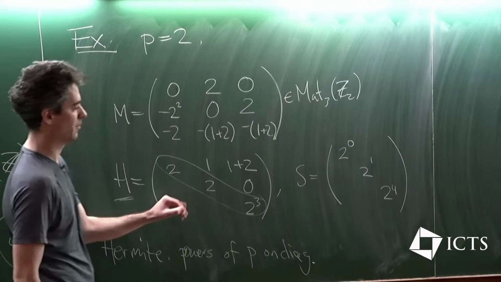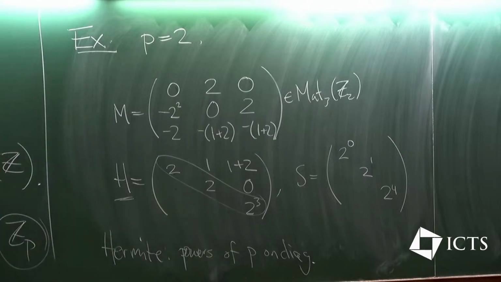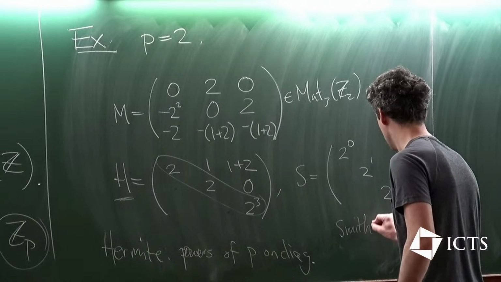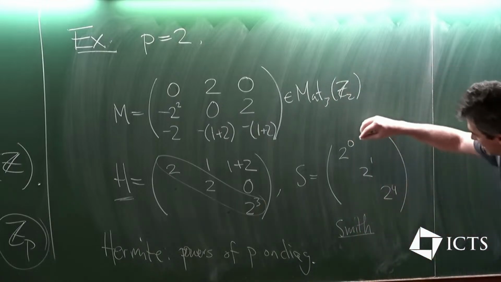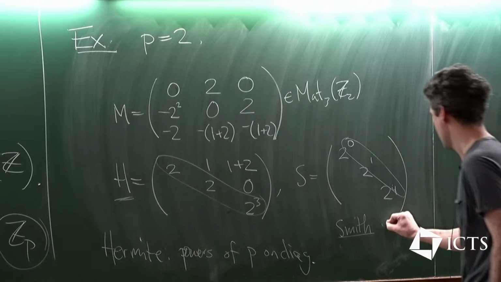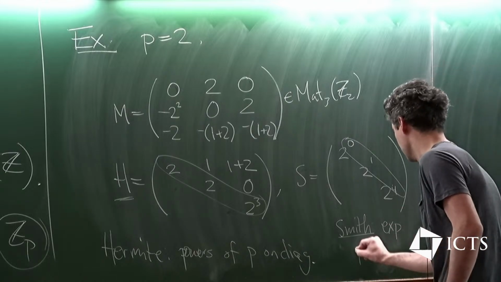We can always scale away the units there, and we always get that. For Smith, we always have a partition, maybe a backwards partition. The exponents give us a partition. The exponents yield a partition.